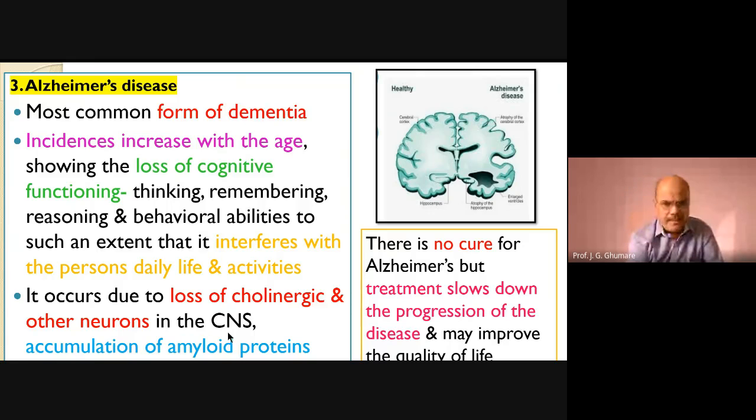Okay. It also occurs due to the accumulation of amyloid protein in a part of the brain, see here it is shown, and that will result in the atrophy, shrinking of the brain, and the person suffers with Alzheimer. Okay. There is no cure for this particular Alzheimer. Only the treatment slows down the progression of the disease and may improve the quality of life in an old age person. That's it.